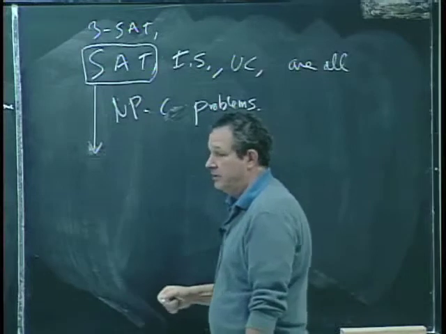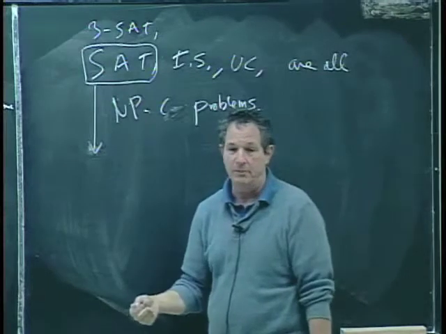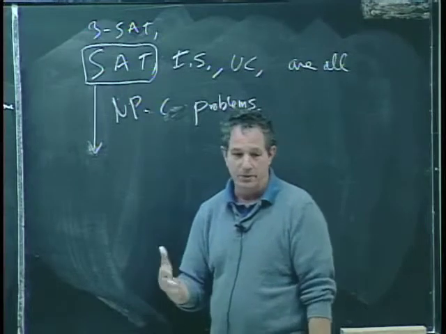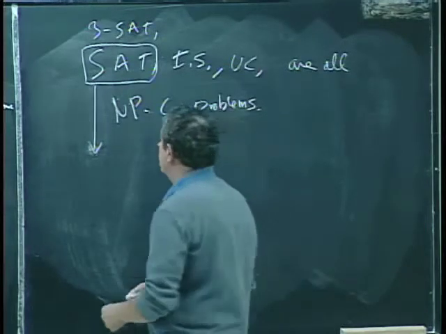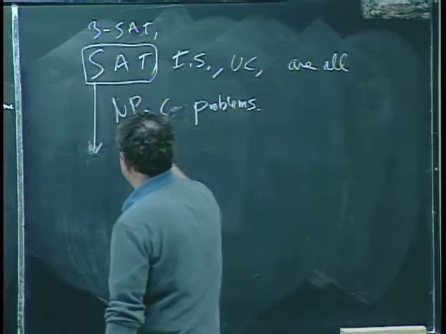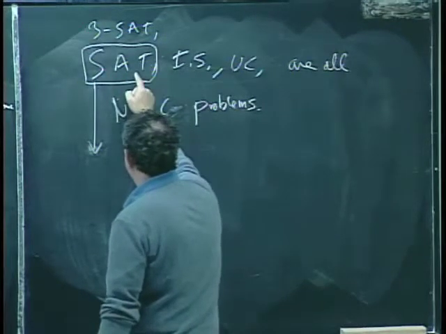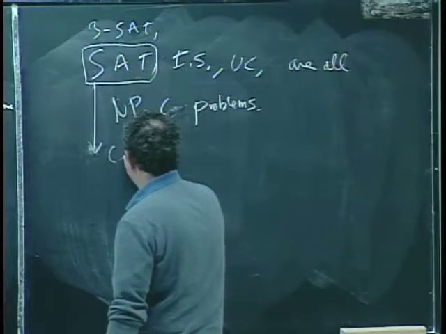But in a moment I'll show you how you prove additional problems are NP-complete. And that whole endeavor is something that you will be able to do and that is done frequently, commonly.